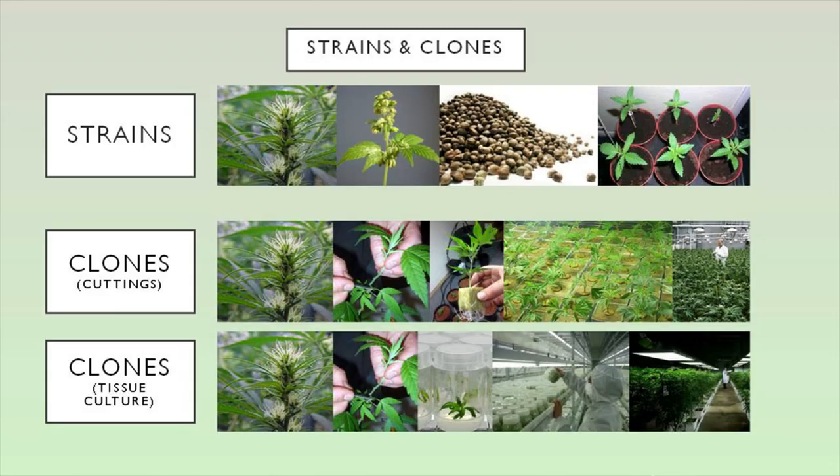You then take cuttings from that, you sterilize them, put them into tissue culture, and produce lots and lots and lots of those. And then you have to not just light control, but also temperature control your plants. So it gets a little bit more complicated. So there's a trade-off between how much you put in and what you get out of it.